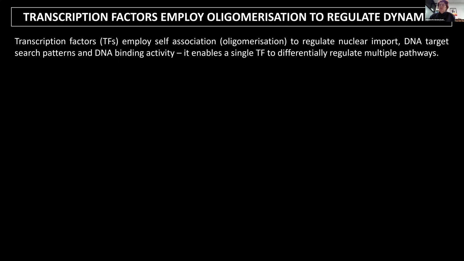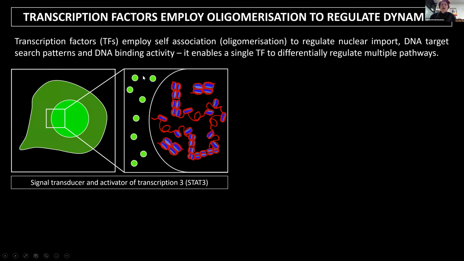So we thought to take advantage of the fact that transcription factors employ oligomerization to regulate their DNA search patterns, because we have this brightness analysis that enables us to essentially differentiate fluorescently labeled transcription factors in their monomeric versus dimeric or oligomeric form.